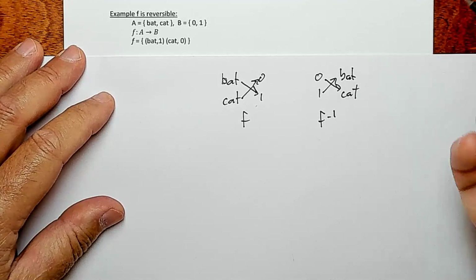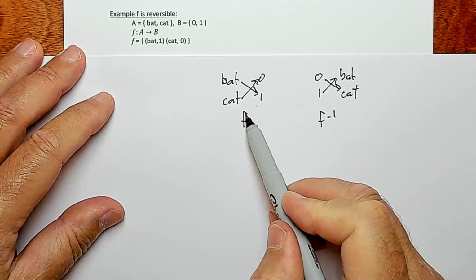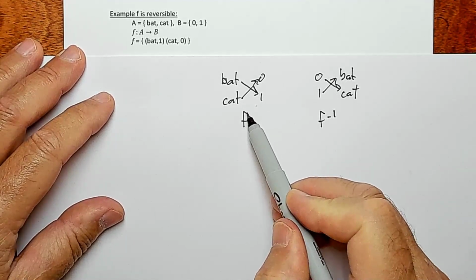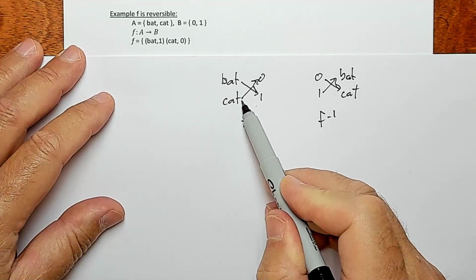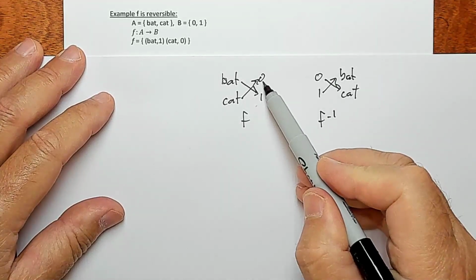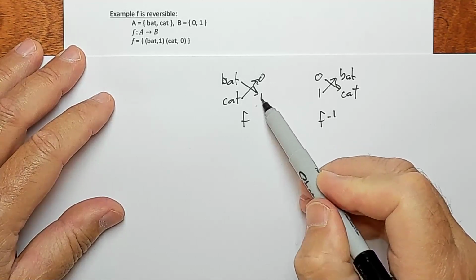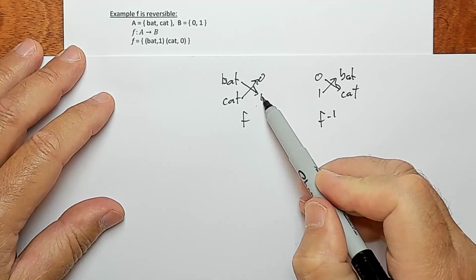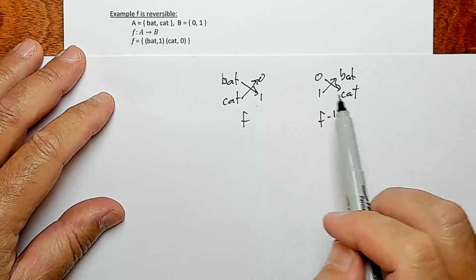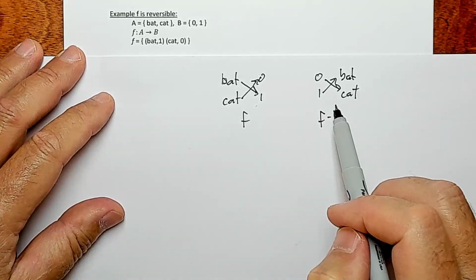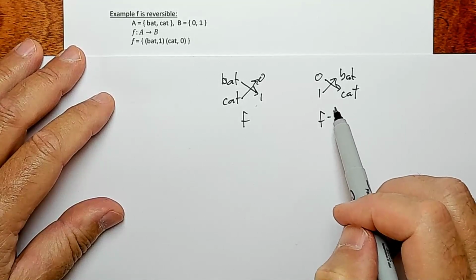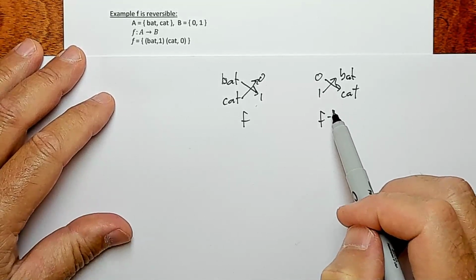But I sort of skipped a step. You could just look at this and first establish that it's a function. Then you could look to see whether it's one-to-one and onto. So you look at the output side, and the output side is one-to-one and onto. Therefore, the inverse should also be a function, and it is.